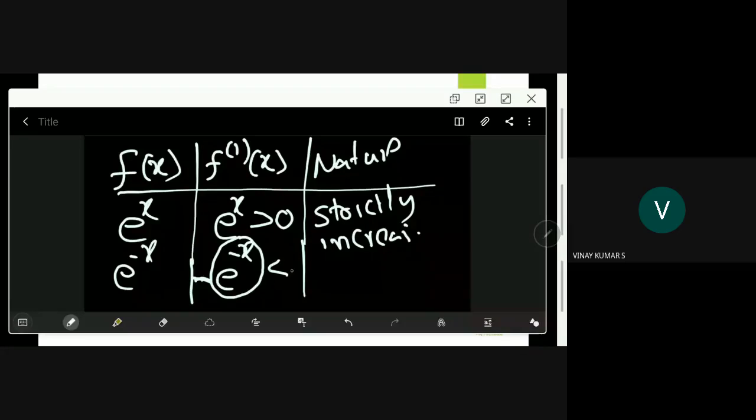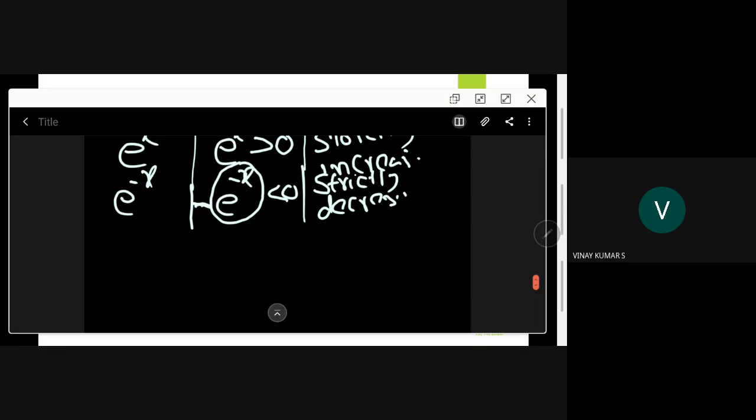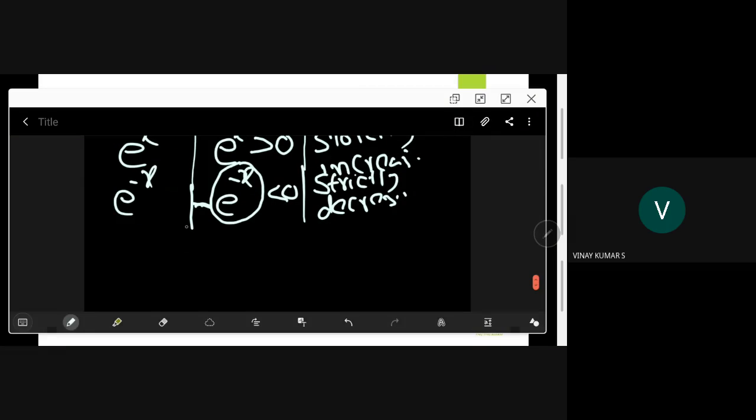So this is strictly decreasing. And if we take one more example, say 2x plus 1, then the first order derivative is 2, so it is greater than 0. So it is strictly increasing.